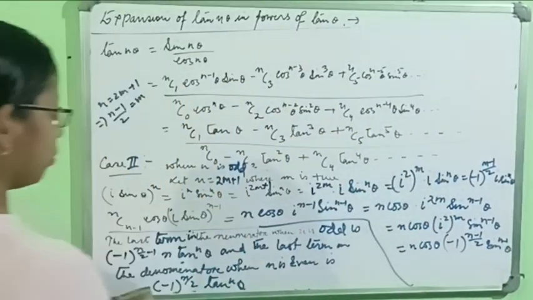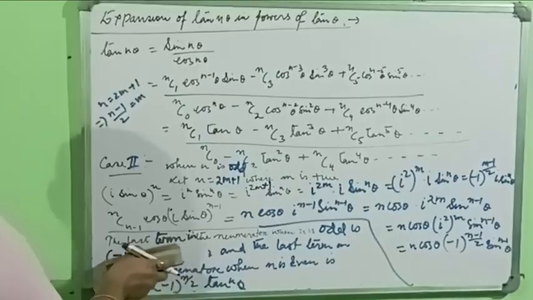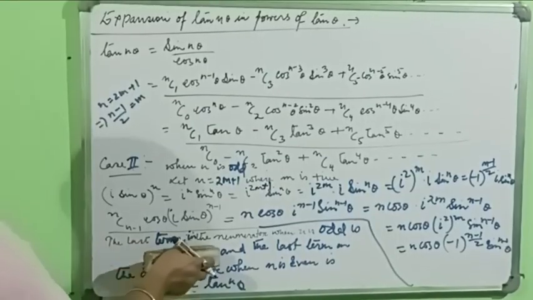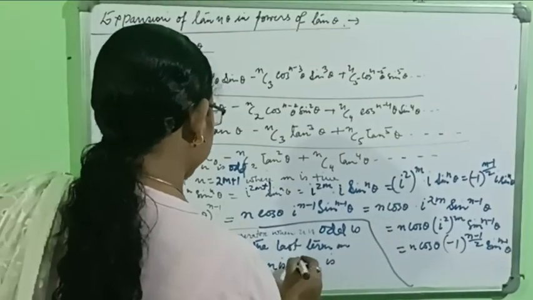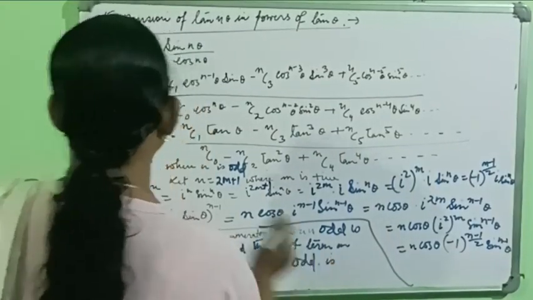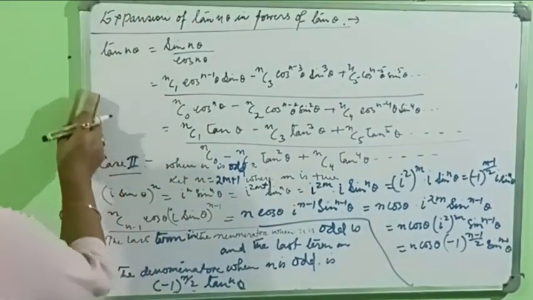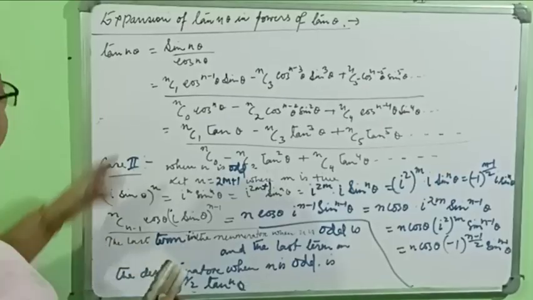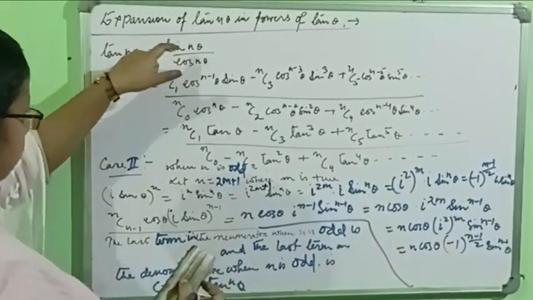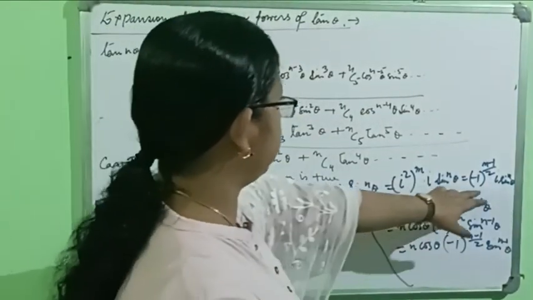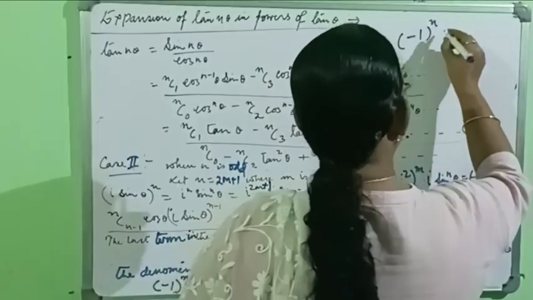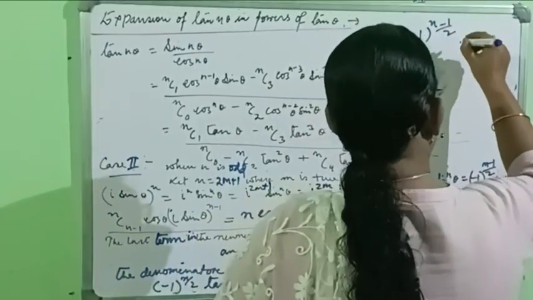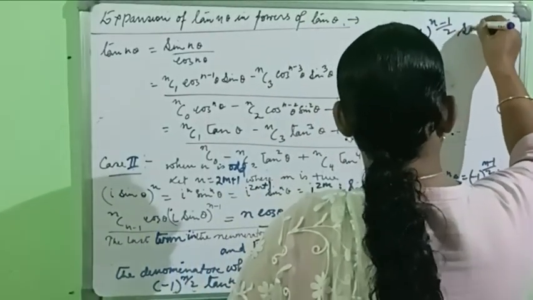Okay. So the last term in the numerator, when n is odd, that is sine n theta, that will be the imaginary part. Imaginary part is this one, minus 1 to the power n minus 1 by 2 sine n theta.